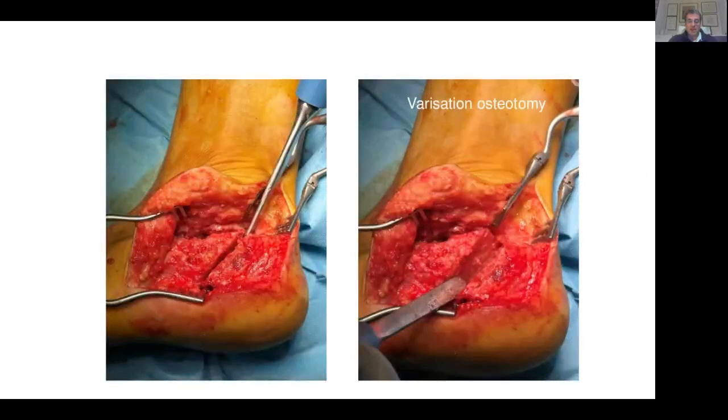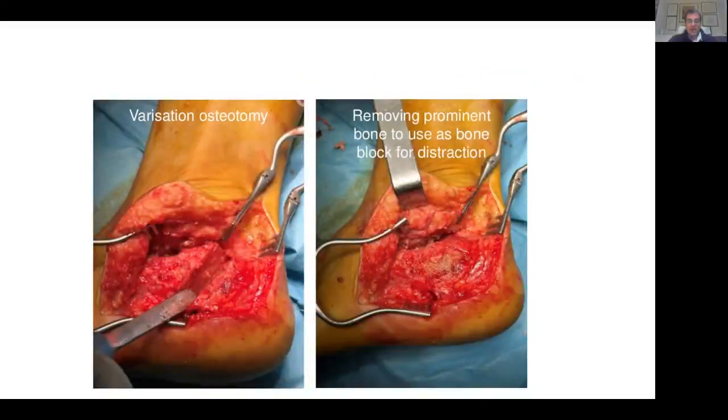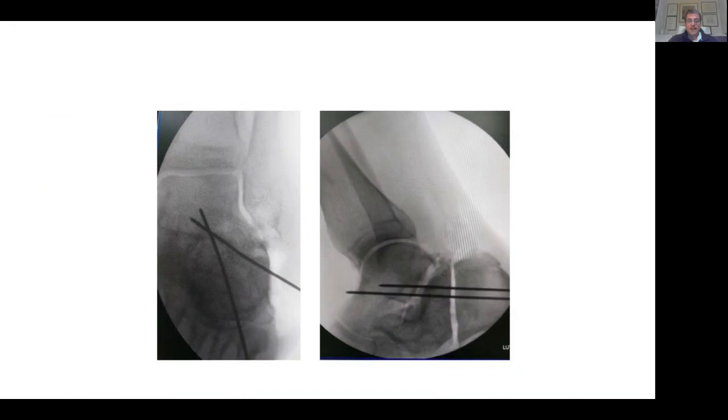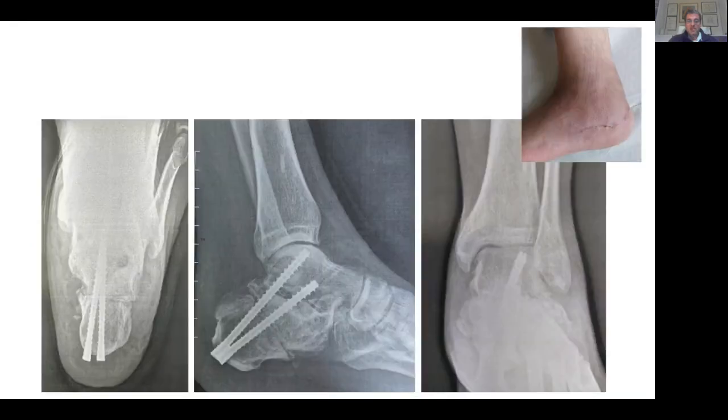You see the translation, the varization of the heel. There we remove that extra bone from the outside, nice cancellous bone, which you can use as a bone block to put into the subtalar joint and do your distraction arthrodesis as well.